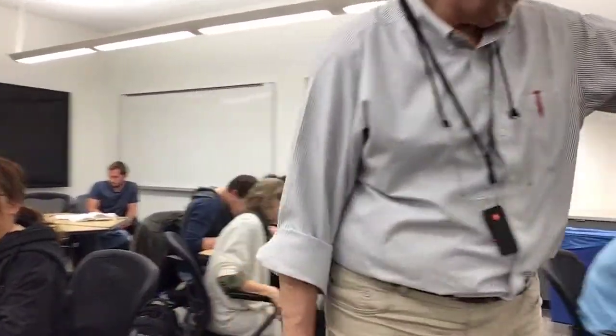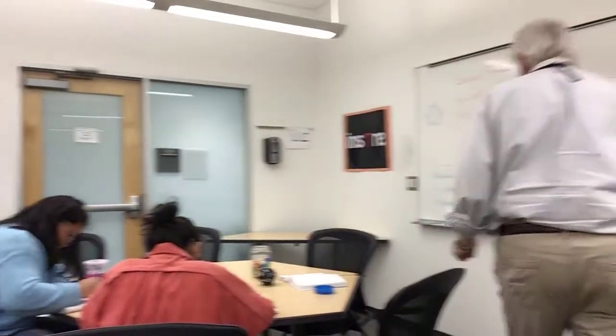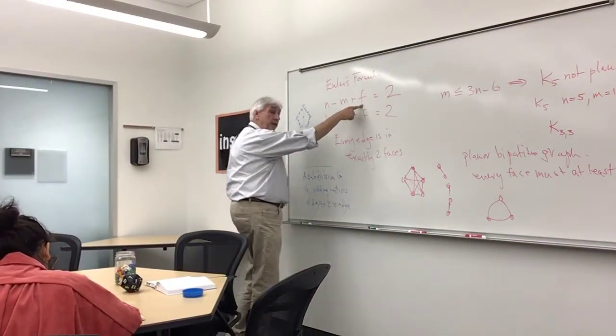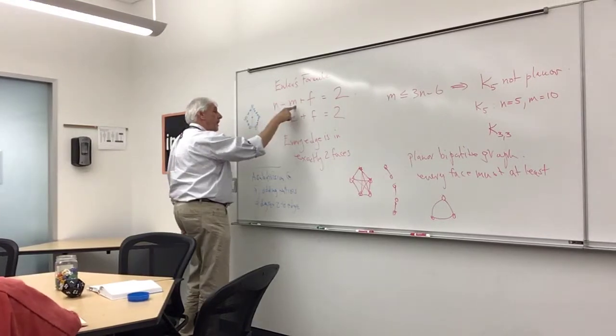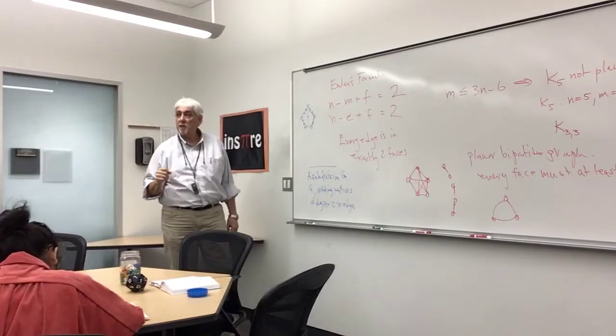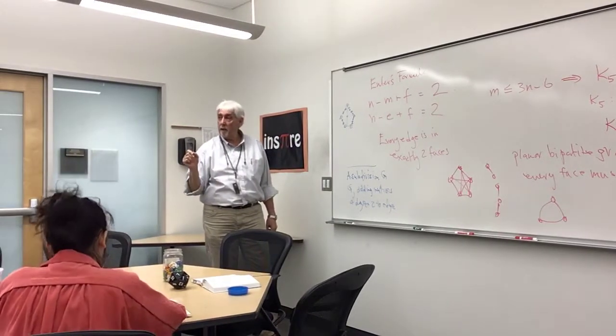So I have how many vertices? 20. 20 minus 30 plus how many faces? 12. 20 minus 30 plus 12. Yeah. So in fact, the formula works.